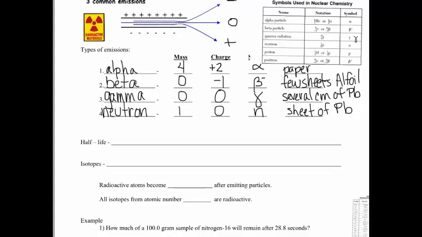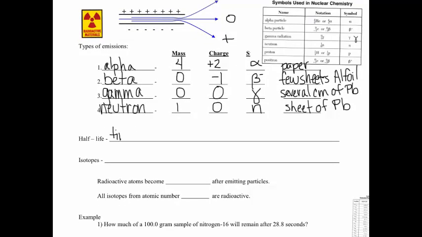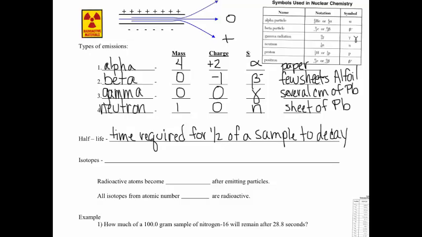So you probably talked about half-life when you took earth science. Half-life is the time required for half of a sample to decay. So we don't talk about half-life all the time, only with things that are radioactive.